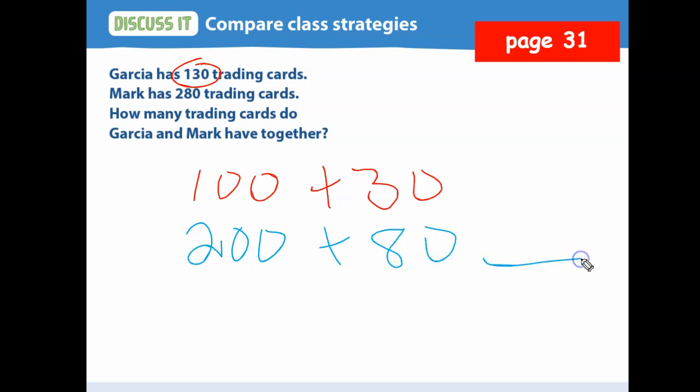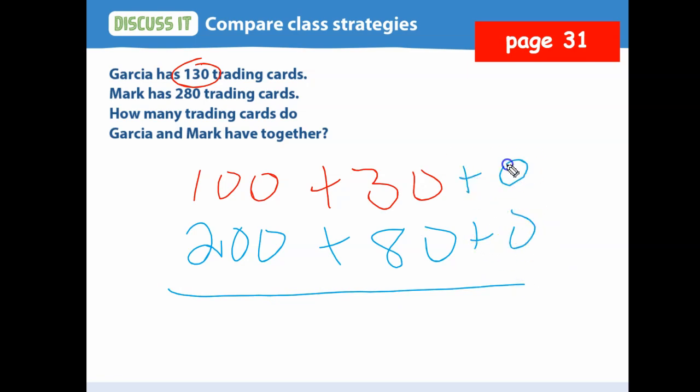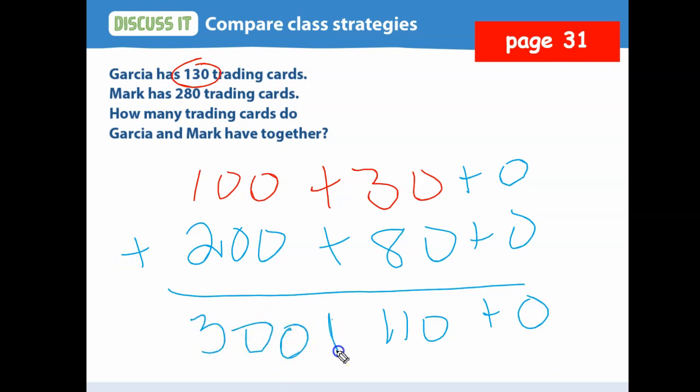Do you have any ones? No. And then we have to add. Okay, it's okay if you did this because we actually do need the zero. So the zero goes there. And 30 plus 80 is 110. 100 plus 200 is how much? 300. Perfect. And then just add those together and you get 410.